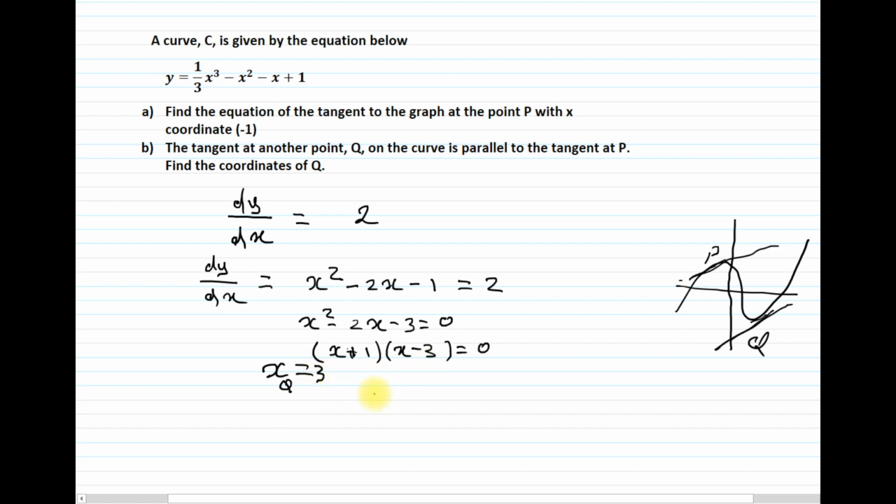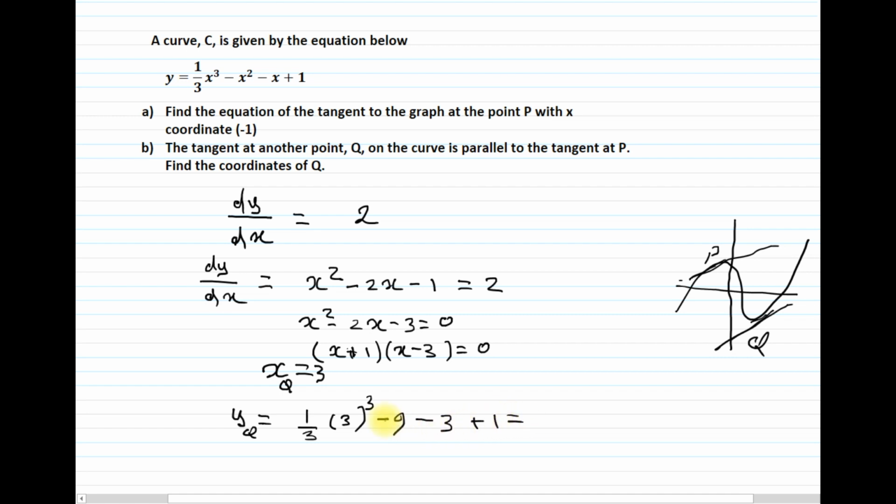So from here we have x of Q. If I substitute this into my equation, y of Q would be equal to 1/3 of 3 cubed, minus 3 squared, which is 9, minus 3, and then plus 1.